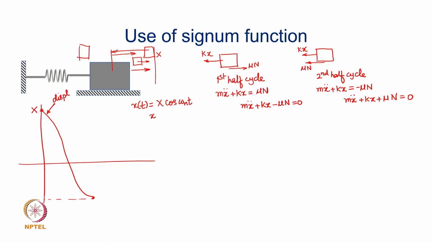If you want to write the velocity, of course the exact expression is going to involve additional terms, like what we have derived, that it has to be x minus delta or x minus 2 delta times cos omega n t. But in general, for a harmonic motion, we all know that the velocity term is going to look like minus x omega sin omega n t, which means that the velocity amplitude is going to be x omega, and it is going to be negative in the first half cycle. And so if I plot it, the velocity is going to look like this.